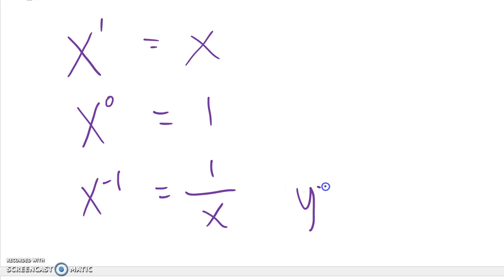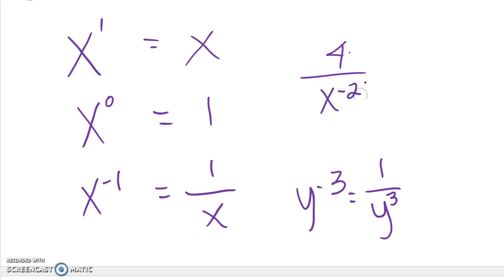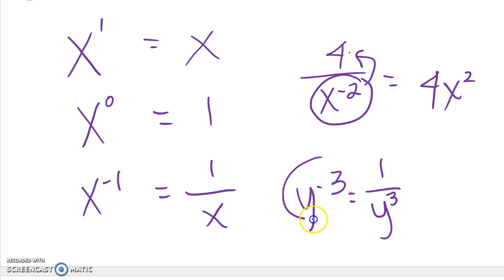So if you had y to the negative 3 power, that would be 1 over y cubed. Or if you had 4 over x to the negative 2 power, that equals 4x squared. So that can move up, or this can move down.